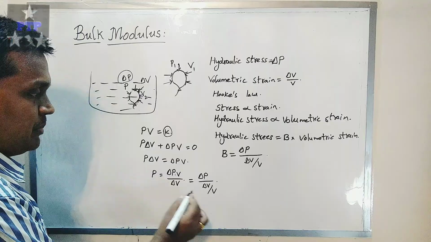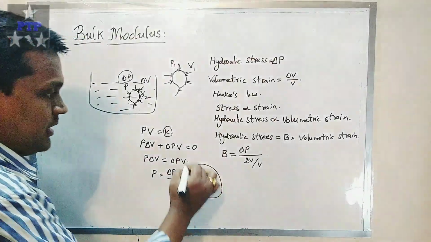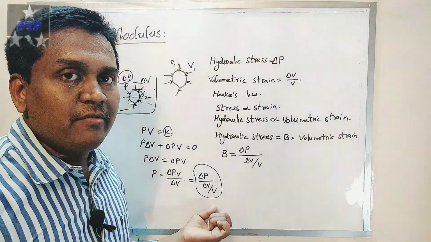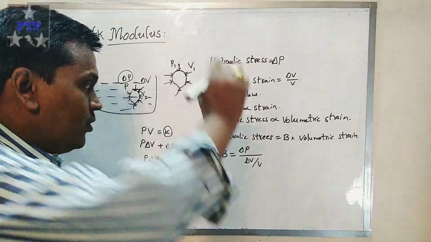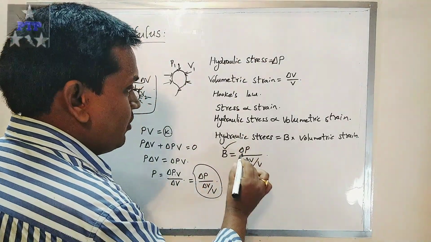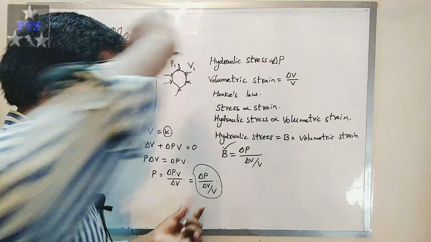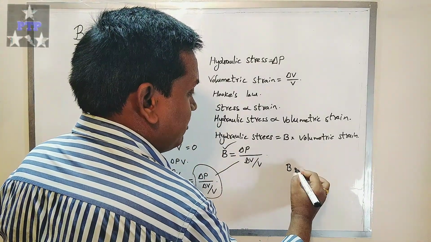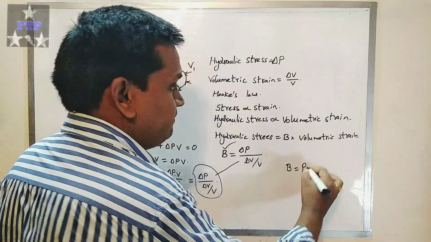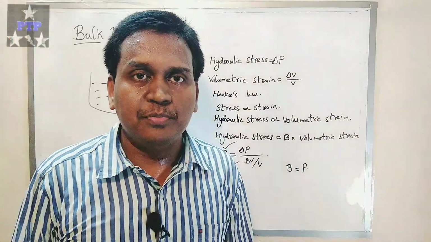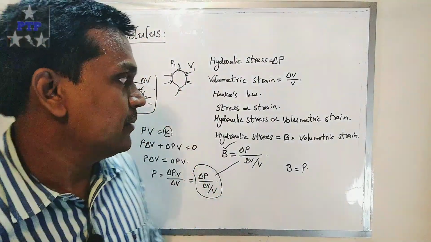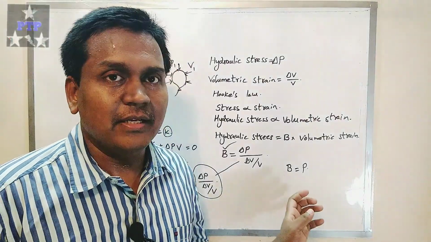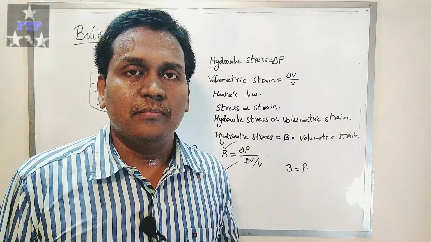So here this is the pressure. According to Boyle's law, we have derived the pressure P equal to delta P by delta V upon V, and we got that bulk modulus B equals delta P by delta V by V. So simply we can say that the bulk modulus is nothing but the pressure acting upon the object, or the pressure acting around the balloon.